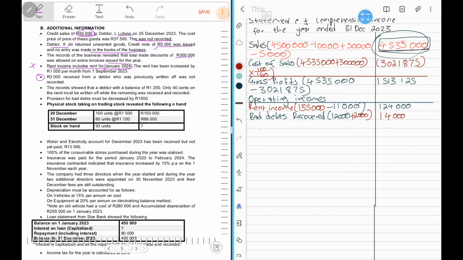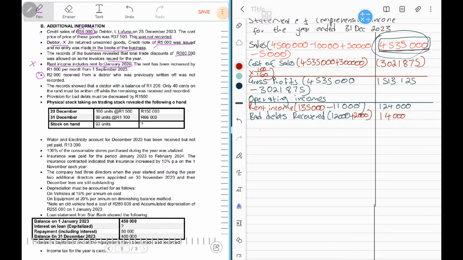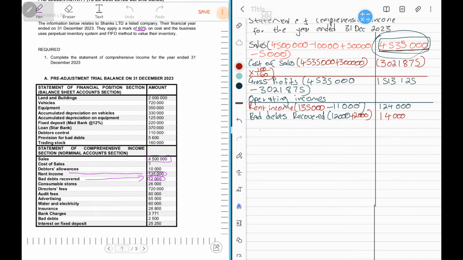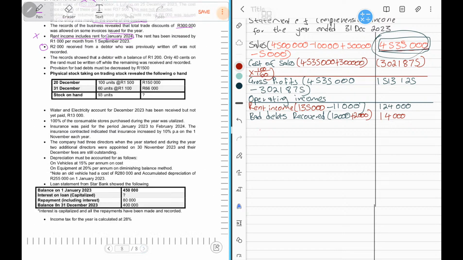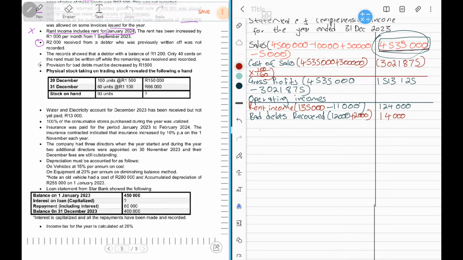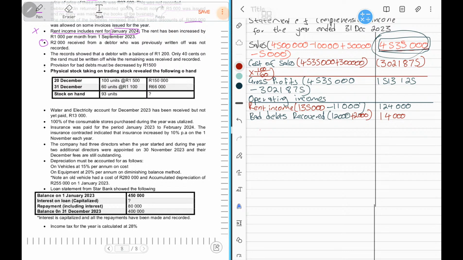Okay, then next up will be what? Which income are we going to record next? We don't have any, so here we have to check for additional information again. We're being told that provision for bad debts must be decreased by. I told you that if they're saying decrease by, bring it to the income side.